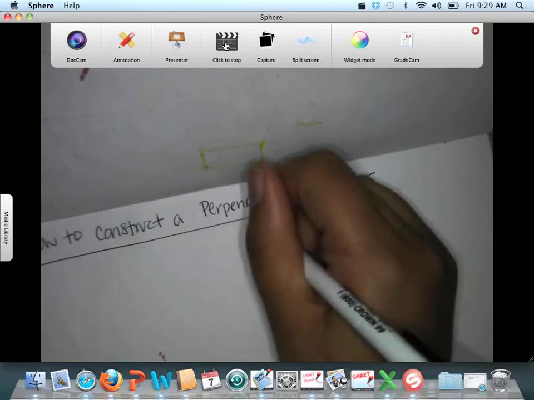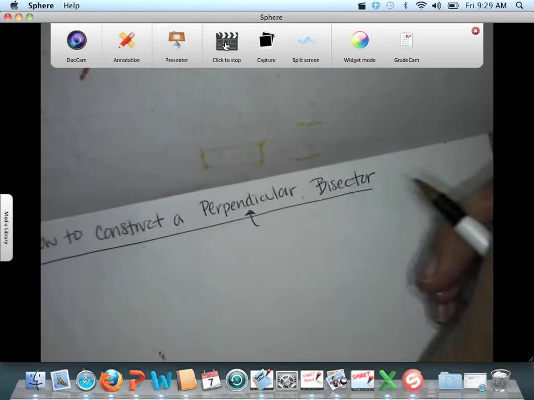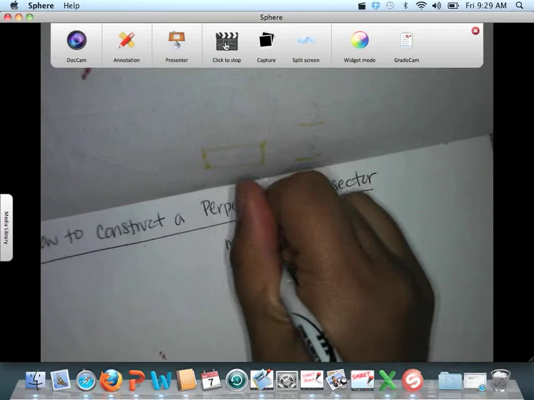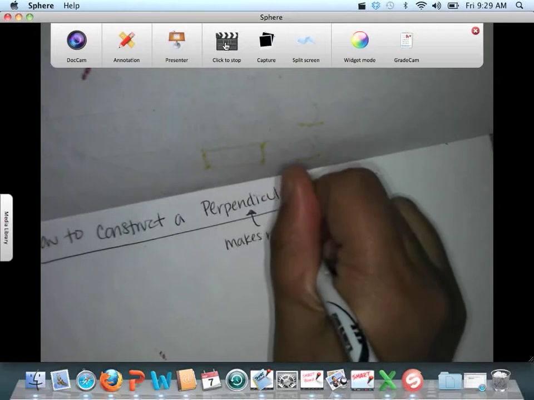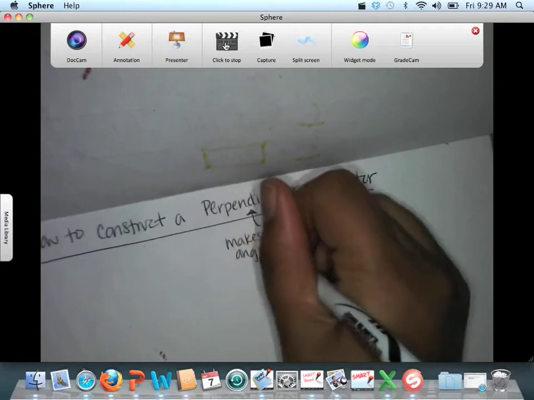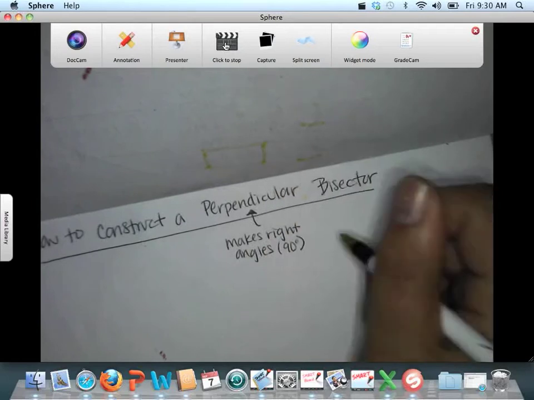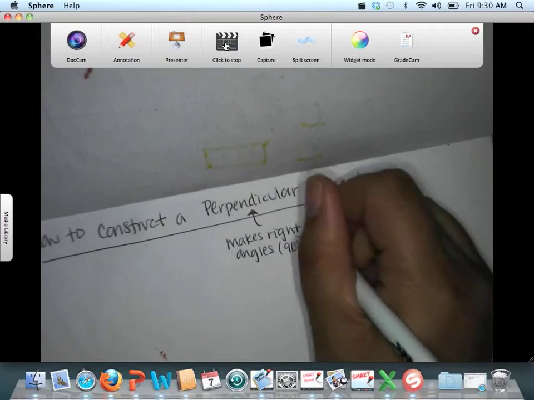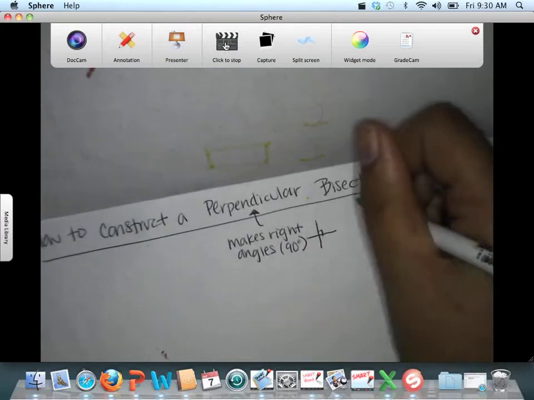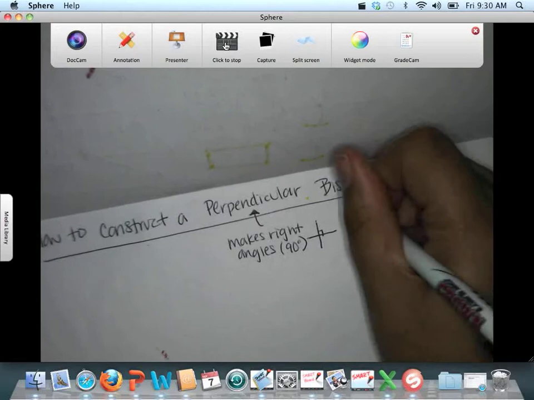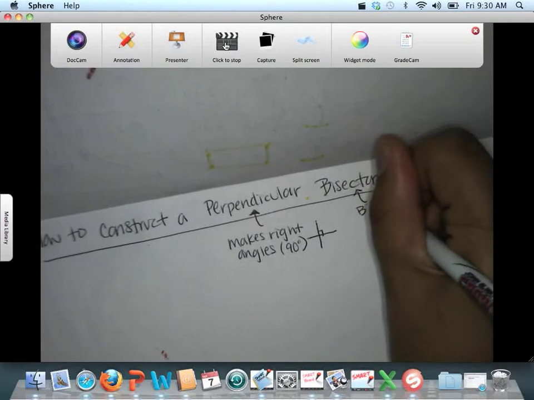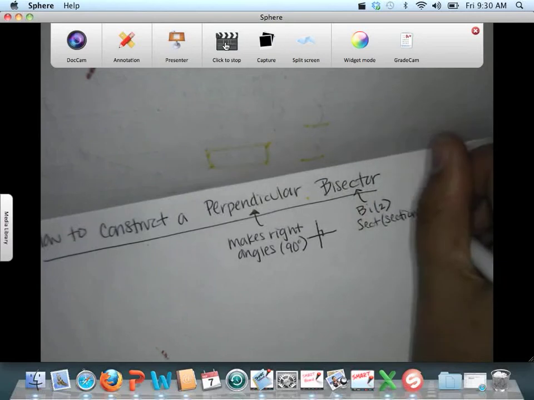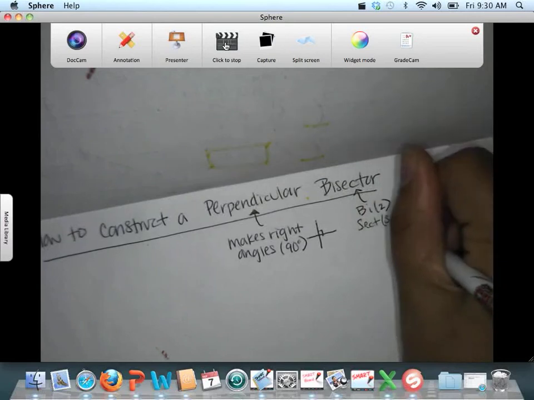Perpendicular means that it makes right angles. And if you don't remember, a right angle is 90 degrees. So it makes those perfect crosses with the right angles. Bisector has that word bi, which means two, and sect for sections, or parts.